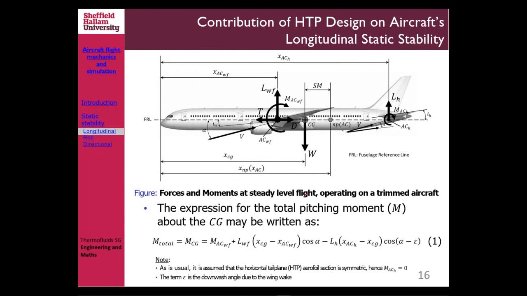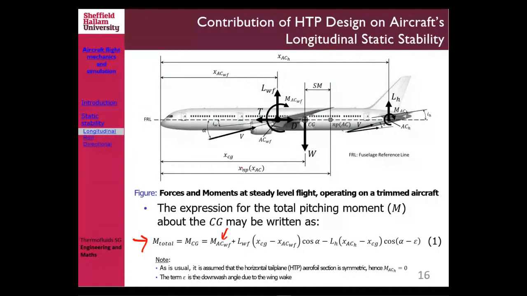If you're talking about the total moment around the CG, you have the moment about the aerodynamic center of the wing and fuselage, plus the lift of the wing and fuselage multiplied by the distance.